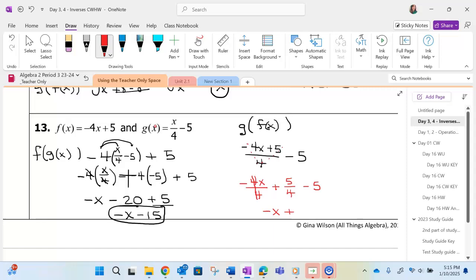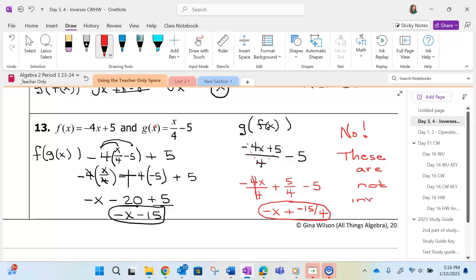In my calculator, I'm going to type in 5/4 minus 5, and I get negative 15/4. Well, we can definitely see here that's not x. So the answer is no. These are not inverses.